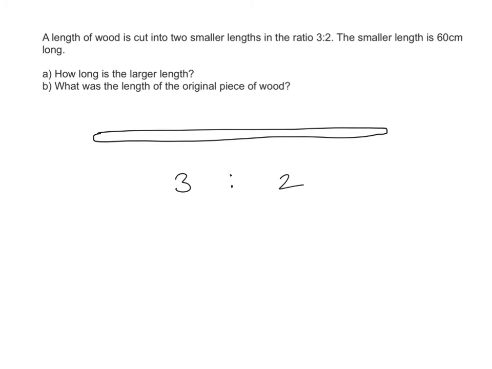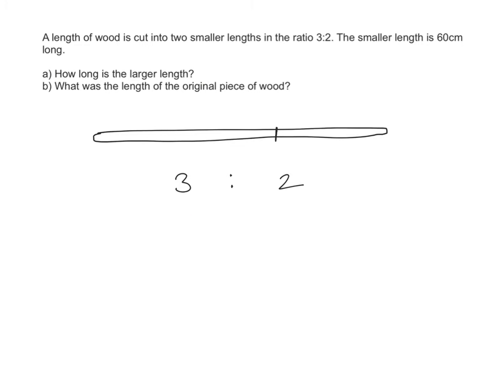Now, obviously, if it's cut in the ratio 3:2, one part of the length will be longer than the other part because the amount there is greater than that. So it may be something like this here, where this part is your 3 part, and this is your 2 part.